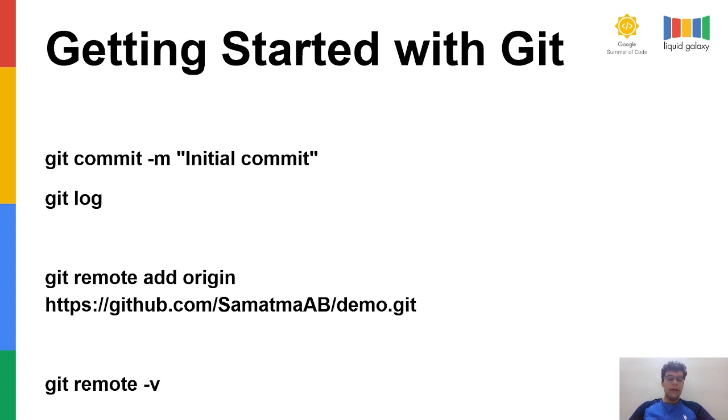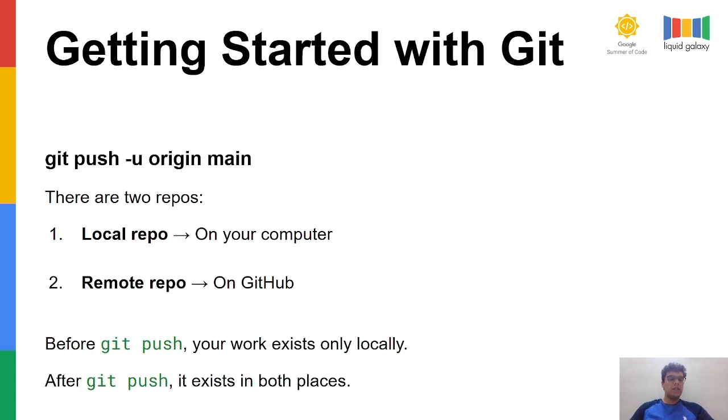So when we do git commit, the commit contains the tree object reference, parent, commit hash, author, metadata, timestamp, and then the commit message. So git remote add origin is used to link the local repository to the remote repository, and then git remote is used to check the connection, and then git push transfers local commits to the remote repository.